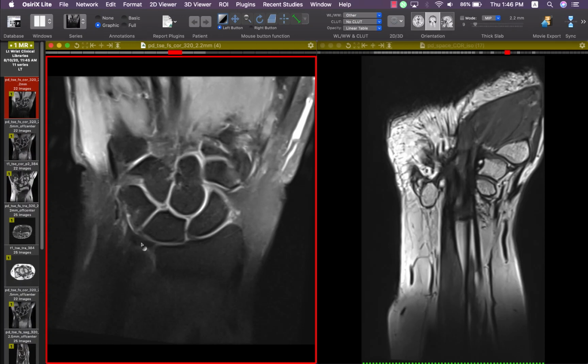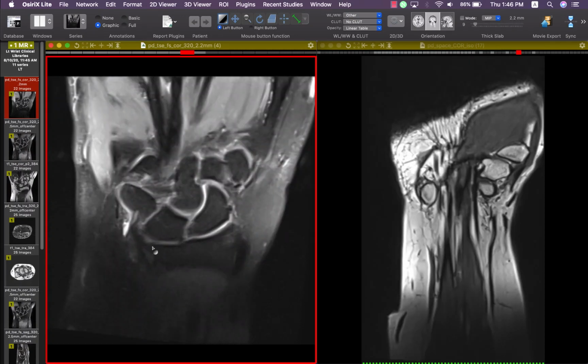If the ligament is attached by high signal cartilage, this is triangular fibrocartilage. But once you see the ligament is attached directly, this is one of the radioulnar ligaments, either the volar or the dorsal radioulnar ligament.